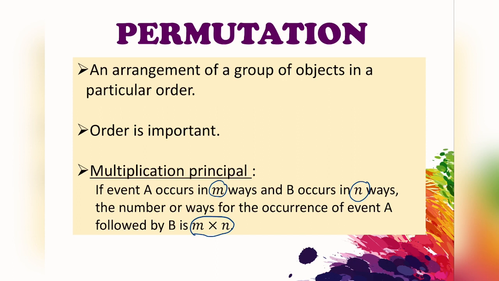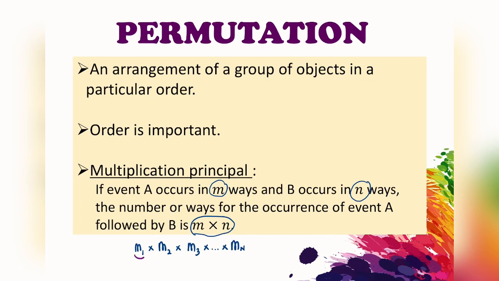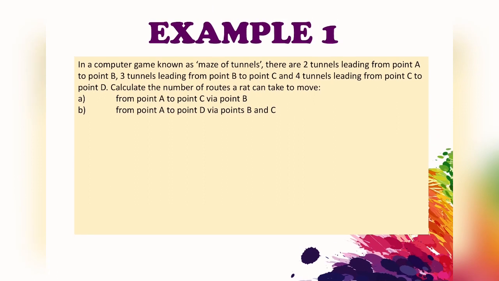The total number of ways then will be m1 times m2 times m3 until mn, where m1 represents ways for event A, m2 for B, m3 for C, and mn for event n. Now, let's try a few examples of this technique of counting.